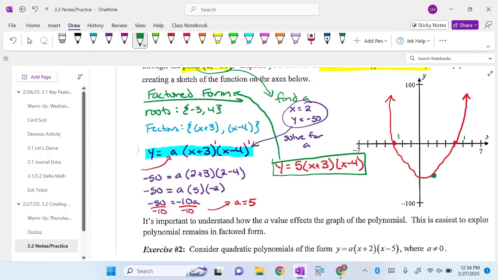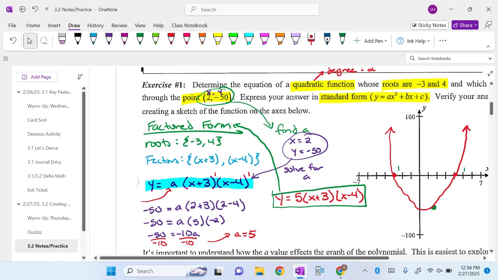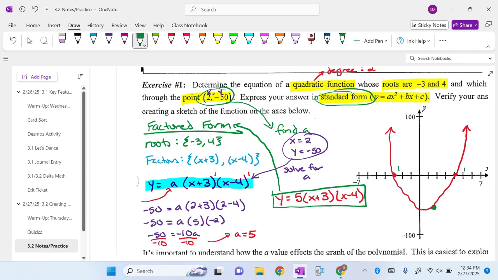However, what did the problem ask us to find our function in? What did it ask us to find it in? Standard form. Now, this is review from both Math 2 and definitely Math 1. How do I go from factored form to standard form? What's the easiest way?